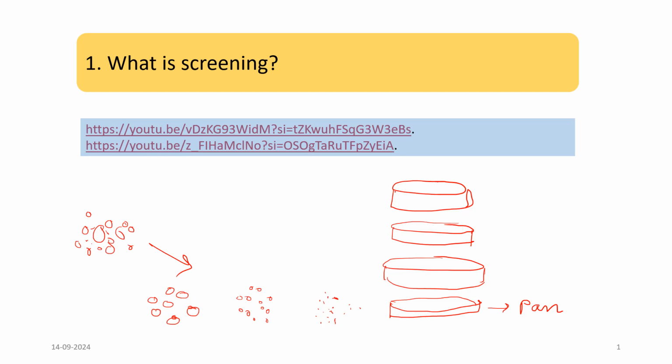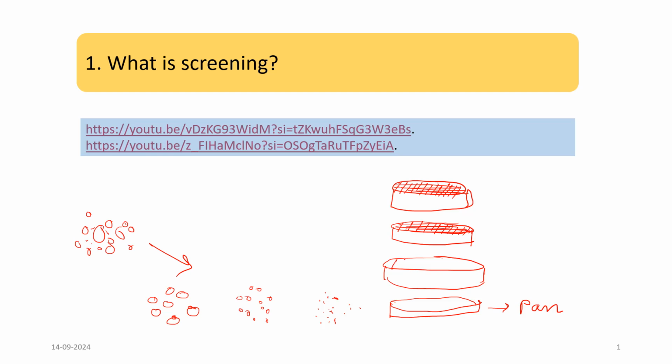You have seen that this is the base of the screen and there is this mesh. These are called mesh. They are of different sizes. As we go down, the mesh size will be decreasing.